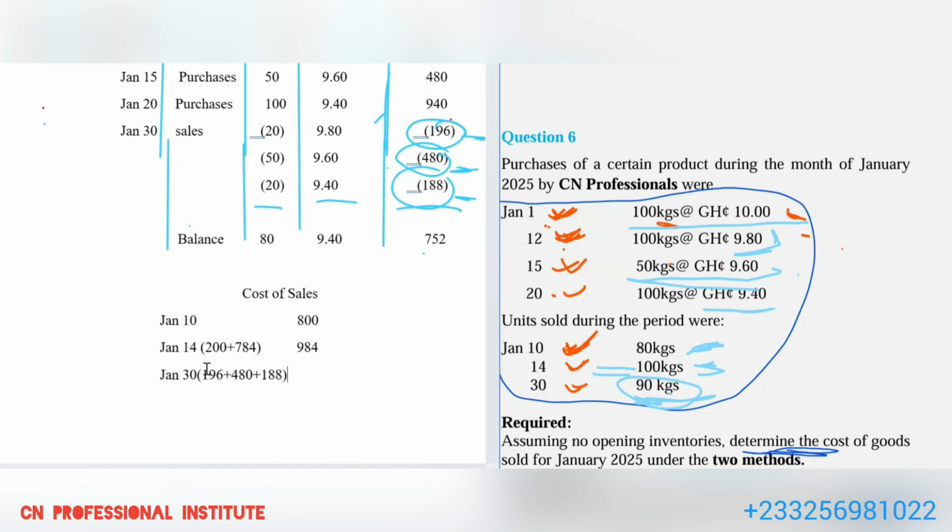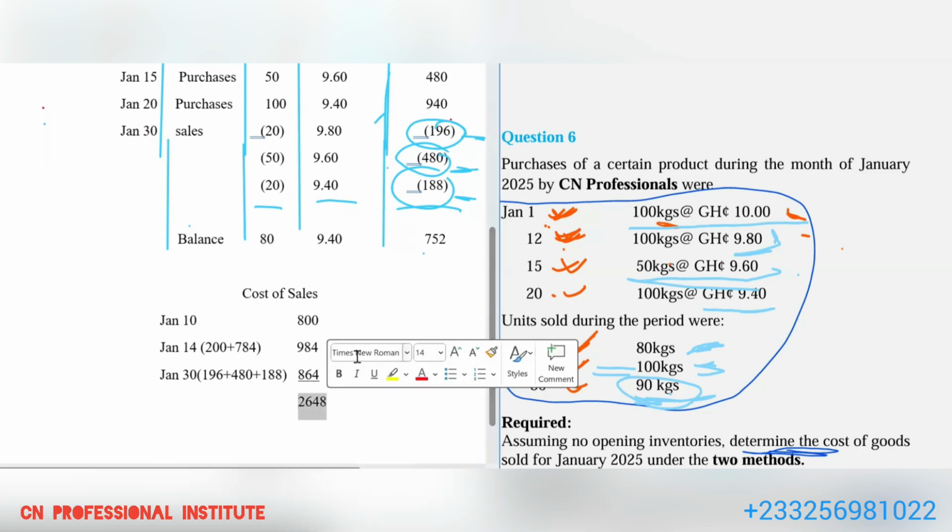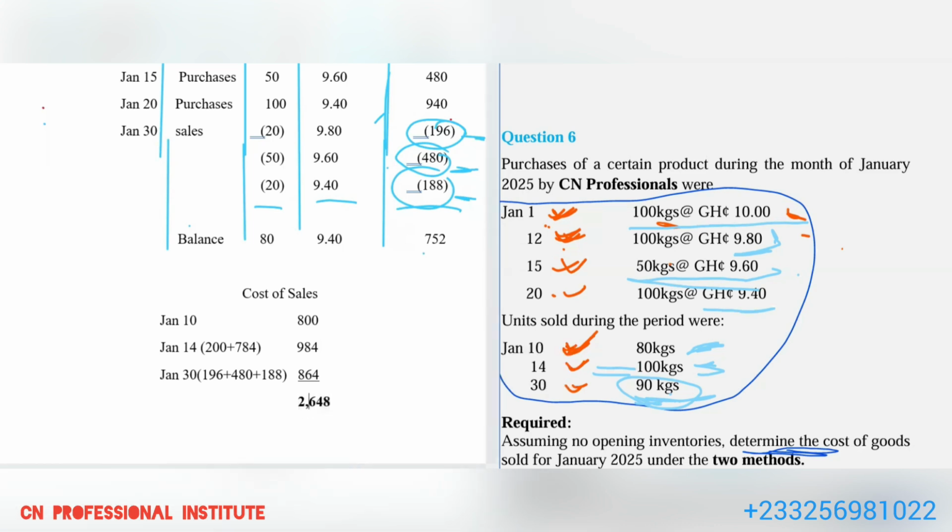We add all, and then we have 864. So we have 800 plus 984 plus 864. We sum everything together and get a cost of sales of 2648 Ghana cedis. So this is our cost of sales. We just add all the issues.